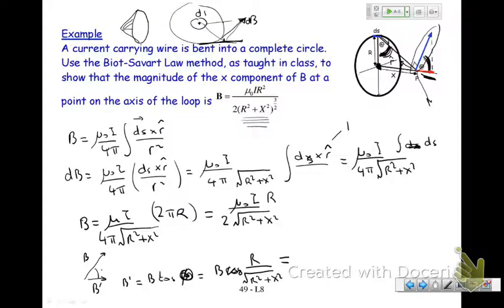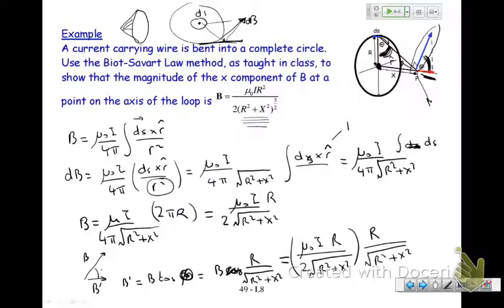So this equals, take that guy, mu naught I r over 2 square root of r squared plus x squared, that's that guy, multiplied by r times the square root of r squared plus x squared. Oh, did I mess up a bit here? That should have been r squared, shouldn't it? Yeah?